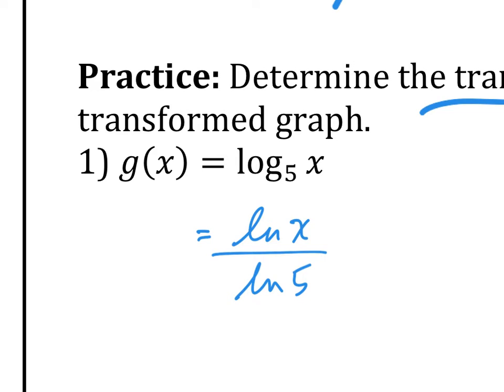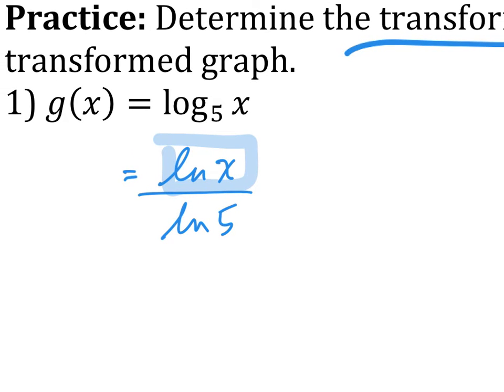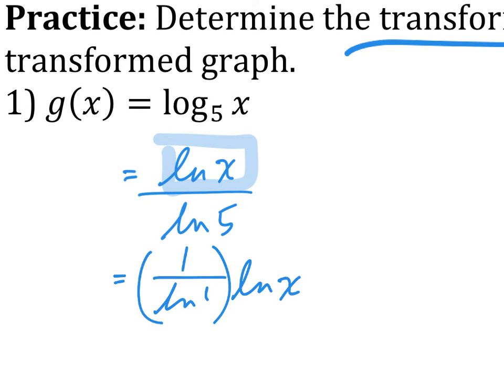All right, now we have this here. The question is, what is this thing that is transforming this natural log x? Well, let's take a look. I'm going to isolate this natural log x, which means in the front, I really have this coefficient. So you see this 1 over natural log 5, and then maybe you just immediately want to say, oh, that's a vertical compress.